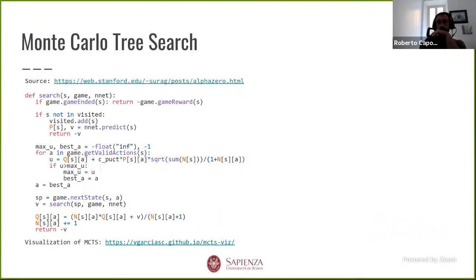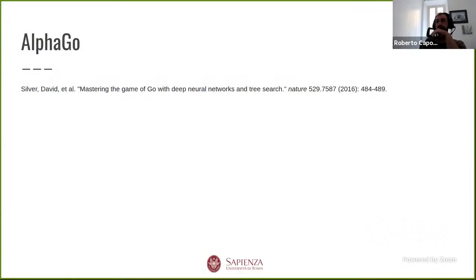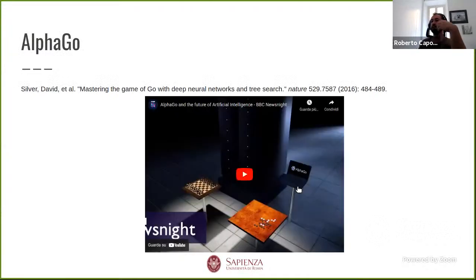Okay, great. So why did I talk about this? Because you probably have heard about AlphaGo, which was the first piece of software that mastered the game of Go, winning against the best human player in the world, the champion.